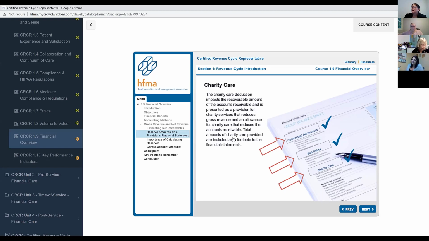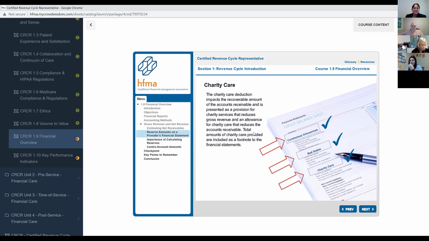So in calculating the reserves, it's important to make sure that you calculate them as accurately as possible. Again, when your senior leadership is reporting the financial statements up through the finance committee or the board, you want them to be as accurate as possible.